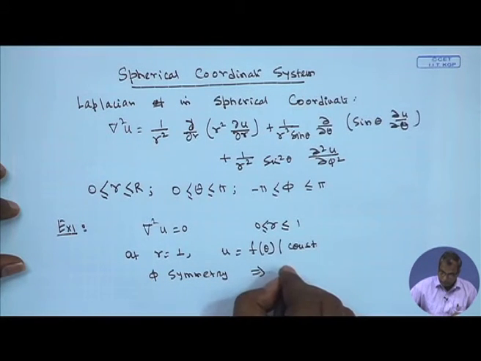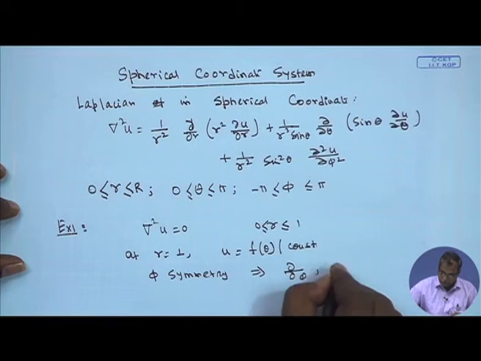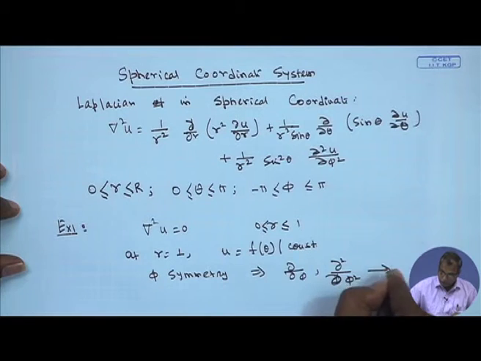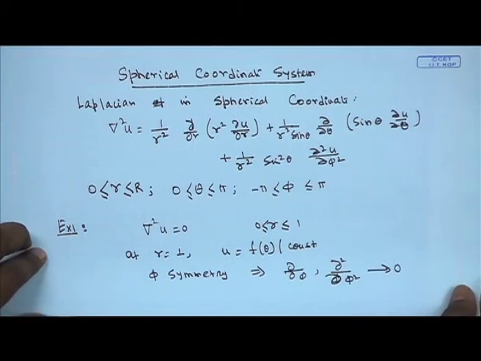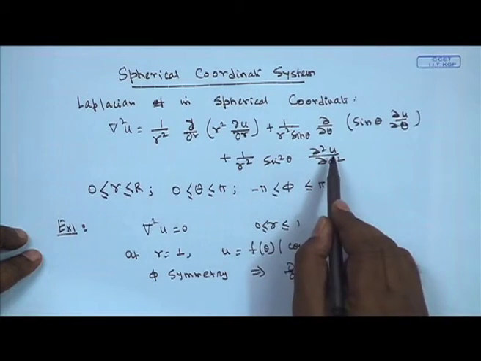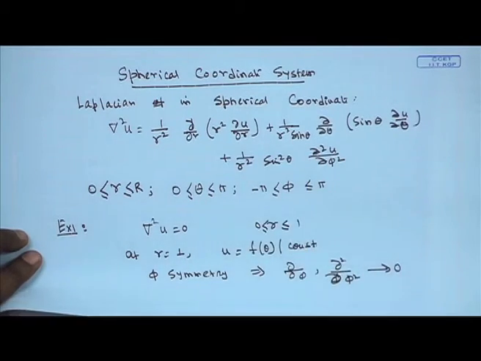So, any derivative del/del phi, del square/del phi square, all become 0. Since there is a phi symmetry, this term will be off. So, it becomes a two-dimensional problem.